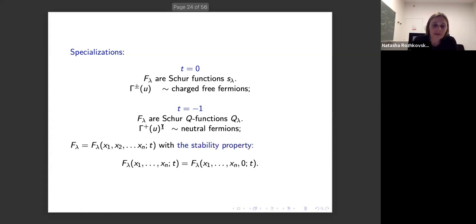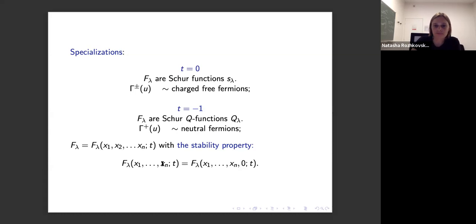Okay. And one of the important properties of Hall-Littlewood polynomials and their specializations is the stability property. So what does it mean? That means that if instead of the last variable we insert 0, that's the same as to take n variables instead of n+1 variables.